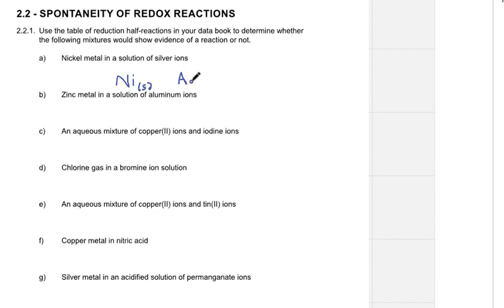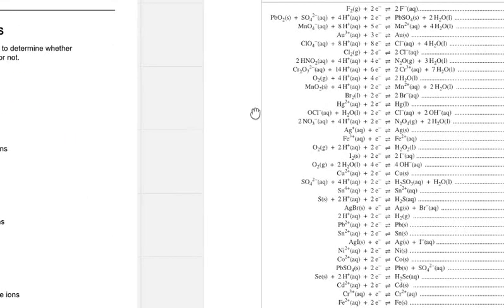And silver is Ag, the ions are plus, and it's probably safe to assume those are in aqueous solution. So if we have those two substances and we want to know what they're going to do, if anything, when they're mixed, we go over to our redox table, and we're going to be looking for nickel and silver ions.